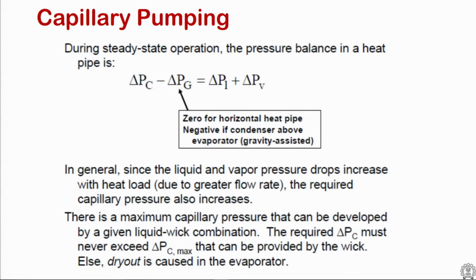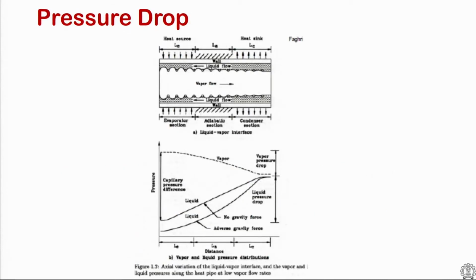So, in order to achieve maximum capillary pressure, one has to design in such a way that these liquid pressure drop and vapor pressure drops are reduced, and so we will look into the shapes and the contact angles that enable these better performing heat pipes.